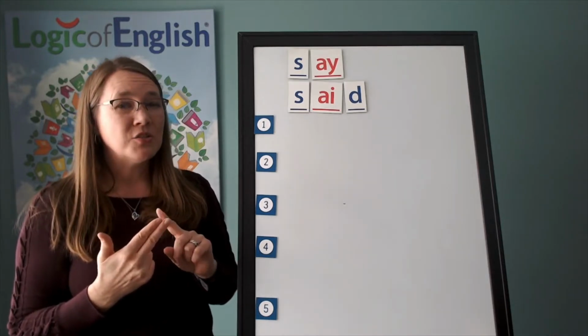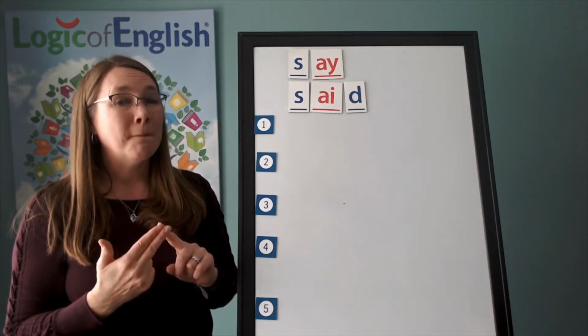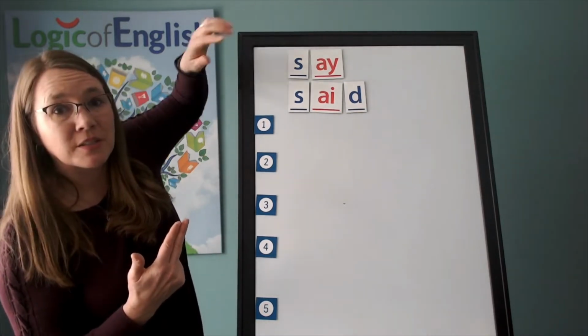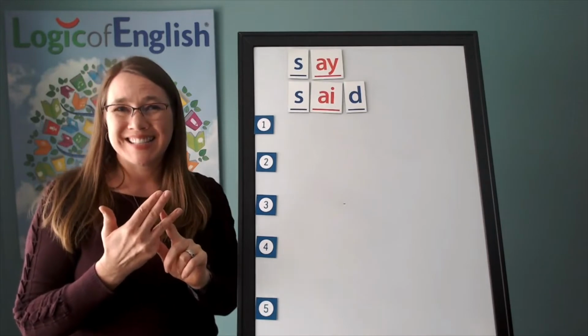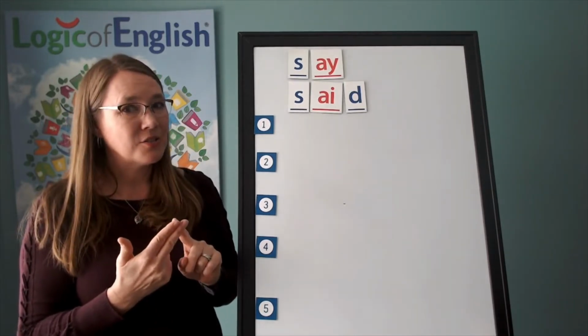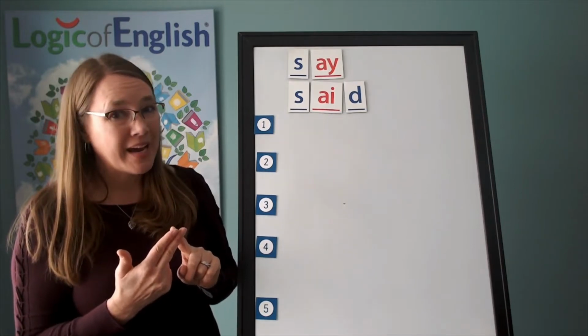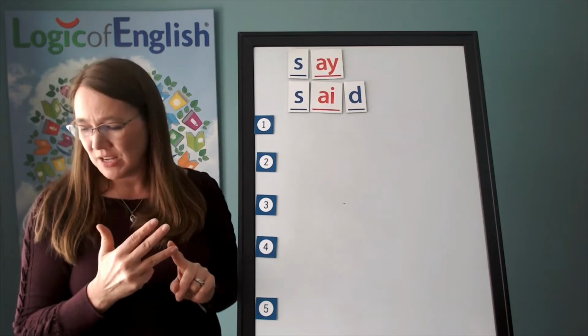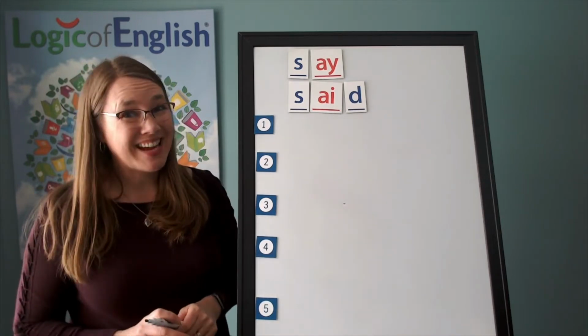A. This is two-letter A that you may use at the end of English words. This one. Z. Z. Let's do it again. A, two-letter A that you may use at the end of English words. Z, z. Go ahead and write says.